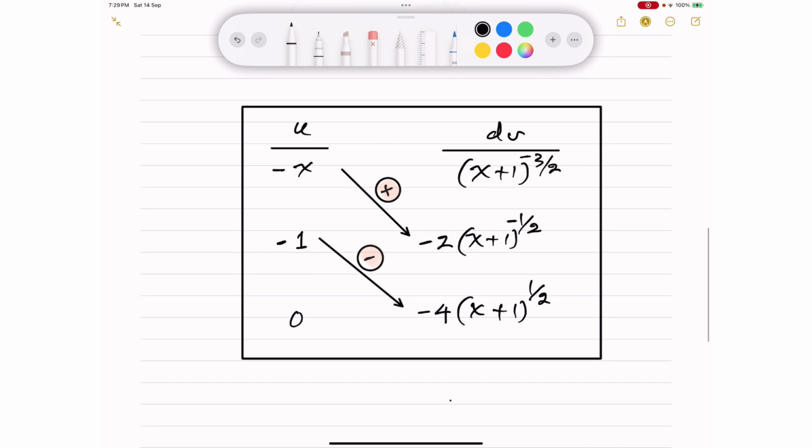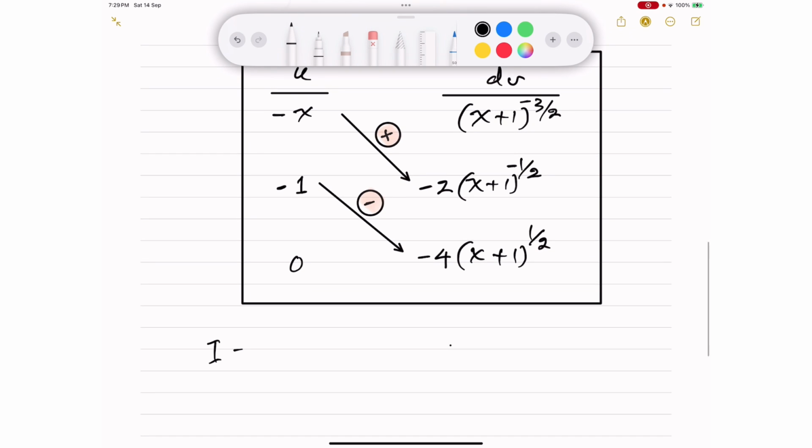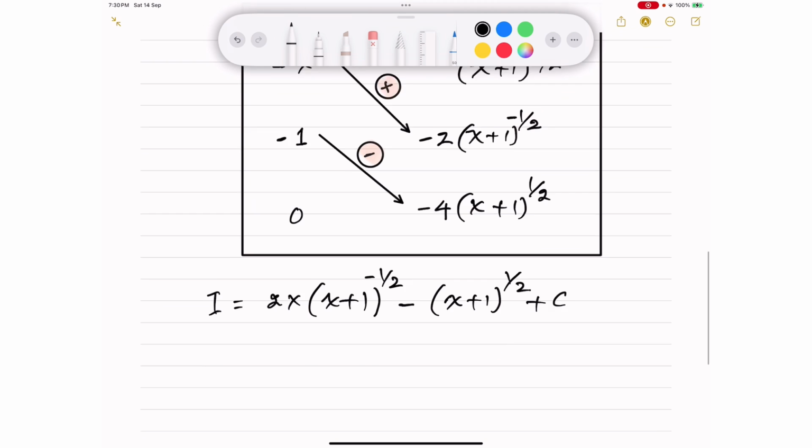Now, the integral, by looking at the table, is going to be equal to twice x multiplied by (x+1) to the negative half, and then minus, that's going to give us minus 4 times (x+1) to the power half, plus c.